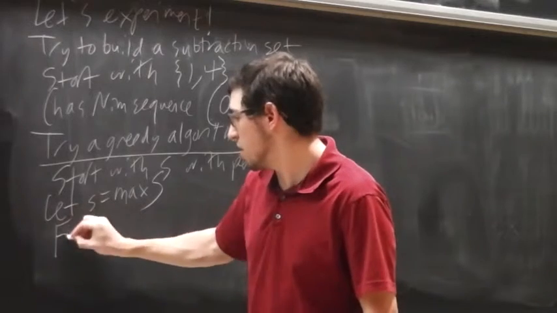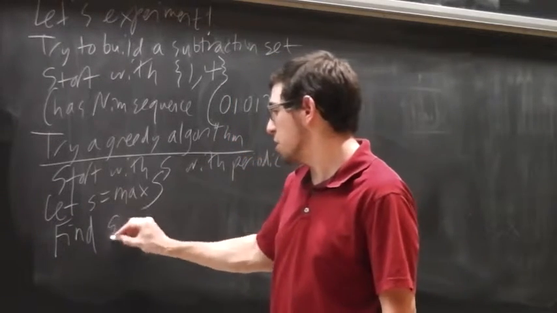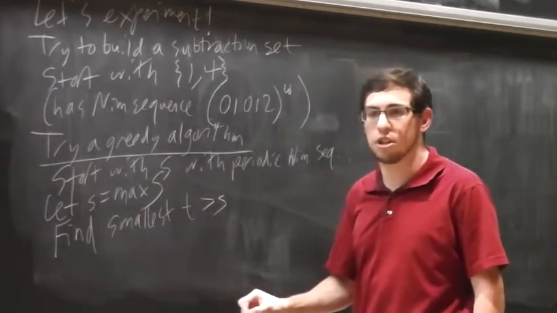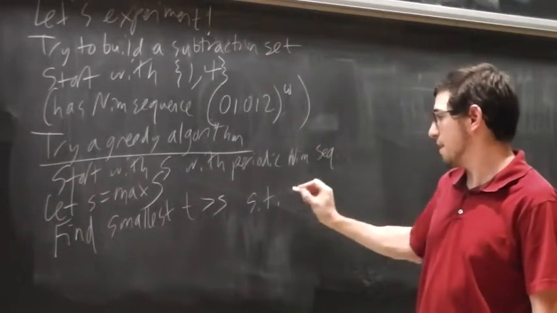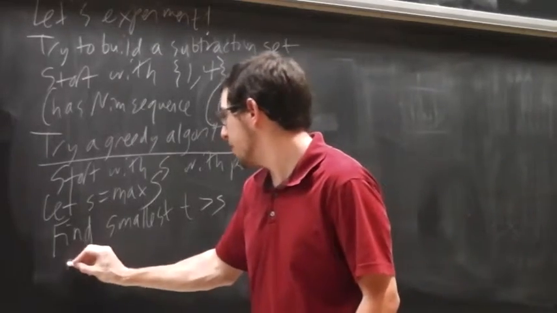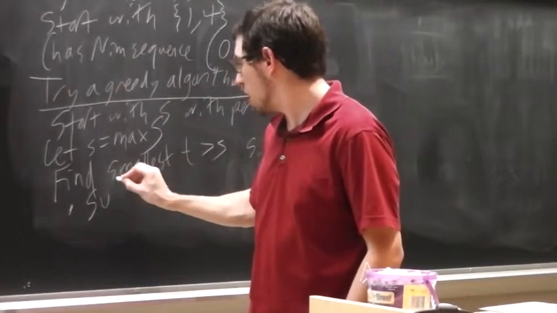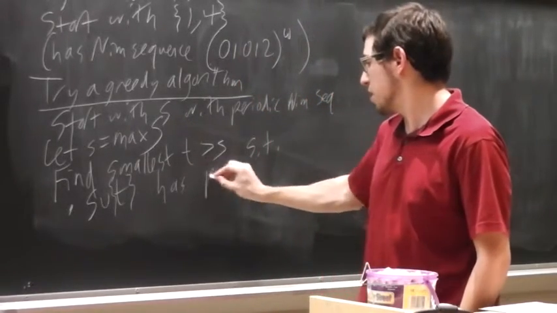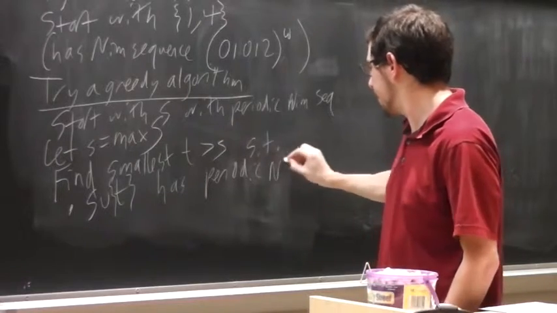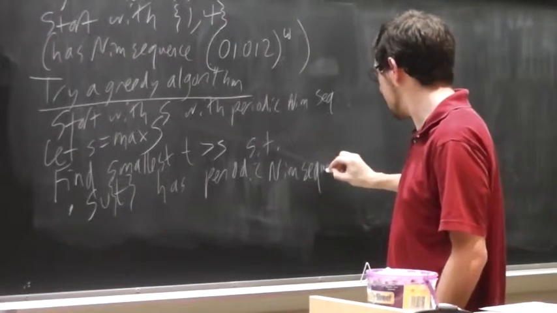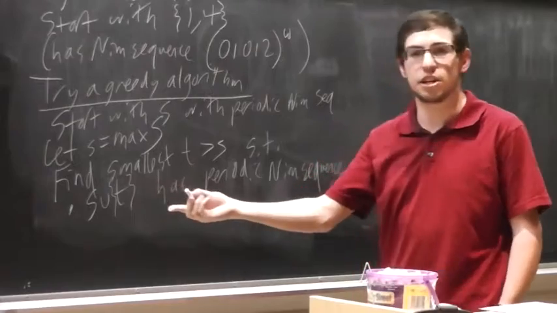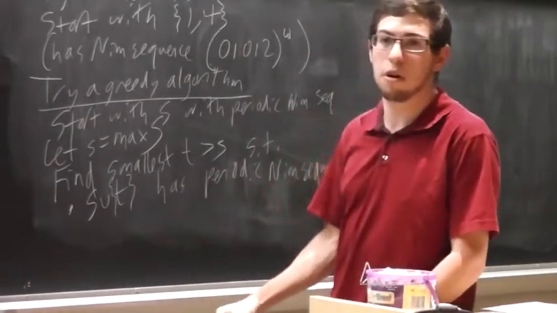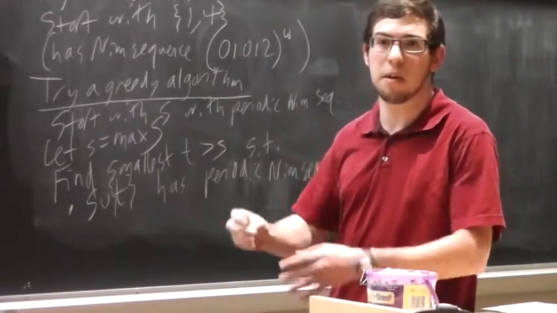And we're going to find the smallest t larger than little s, such that a few things happen. S union t has periodic nim sequence. But it could have happened that S union t is periodic nim sequence because it has the same nim sequence as S. We want the nim sequence to grow because we want to eventually get something aperiodic.